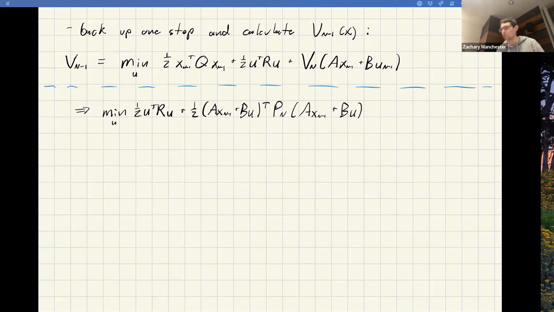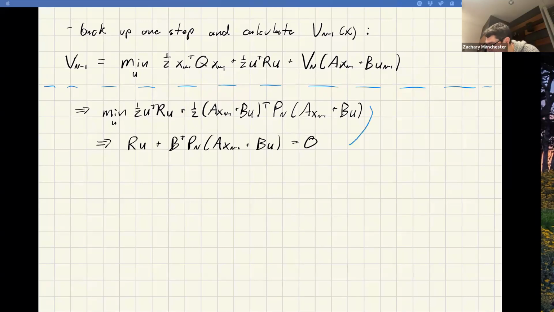Okay, so because this is a nice convex quadratic, because of the restrictions on Q and R and all that good stuff, I can just set the gradient equal to 0. If I do that, I get Ru plus B transpose P_n (A x_{n-1} plus B u) equals 0. To be super clear, this is me writing down the gradient with respect to u equals 0.